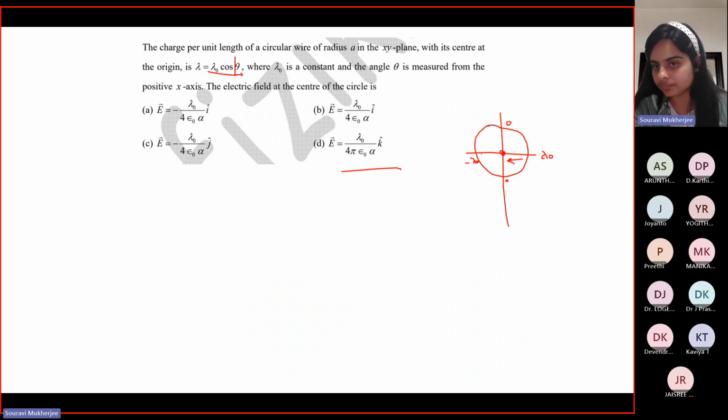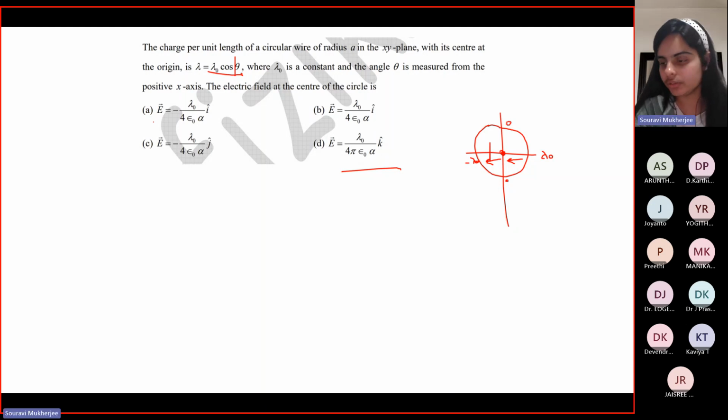For the negative charge, the field lines come towards the charge, right? So the field line for this charge will also have a direction like this at this point. So you can see from here that the electric field should be directed towards the negative x-axis. Now, if you look at the options, you can tell that the answer should be A, right?